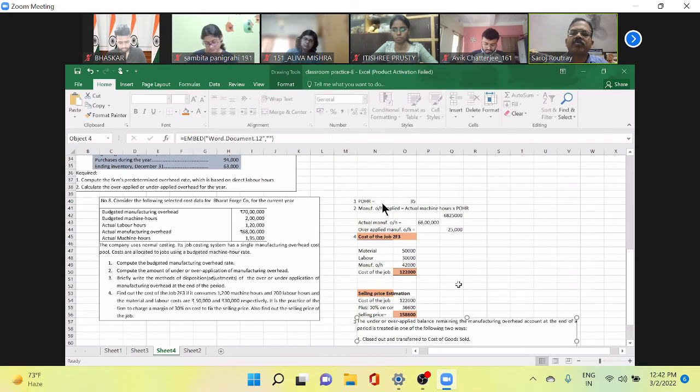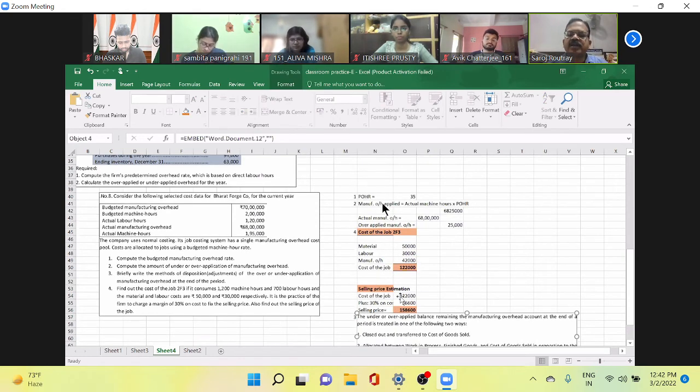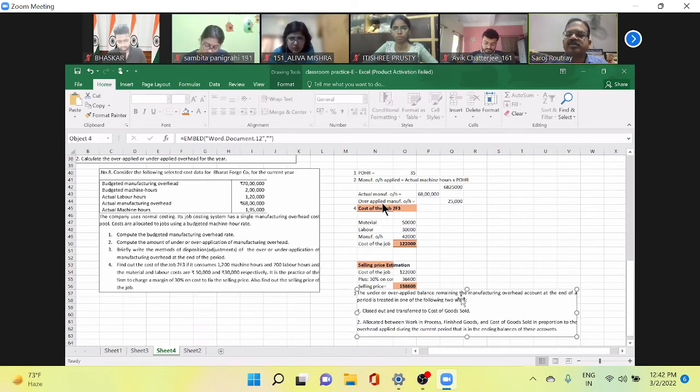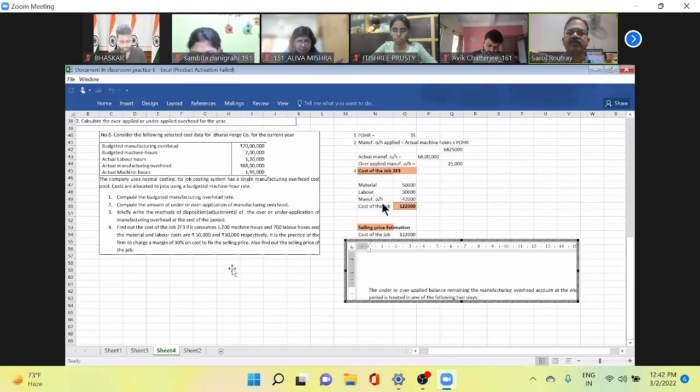I've copied it from the study material. The under and over applied balance remaining in the manufacturing overhead is treated in one of the following two ways: closed out and transferred to cost of goods sold, or allocated between work in progress, finished goods, and cost of goods sold. So there are the two ways. The better way is the second one.